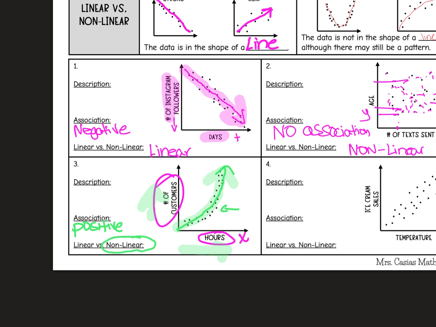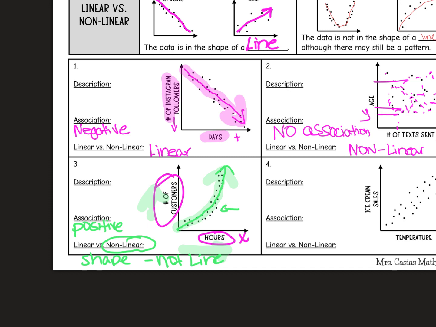This would be non-linear. It has a shape, but it is not a line pattern. So this graph would be a positive association, but it is non-linear.